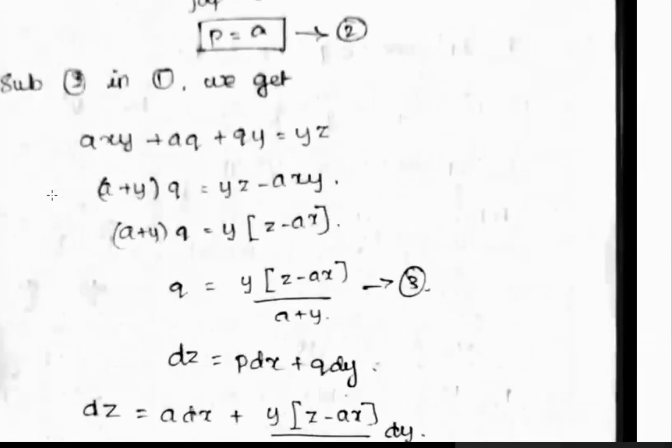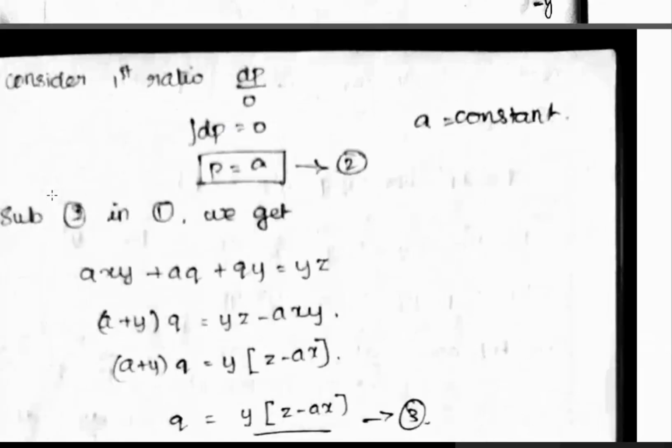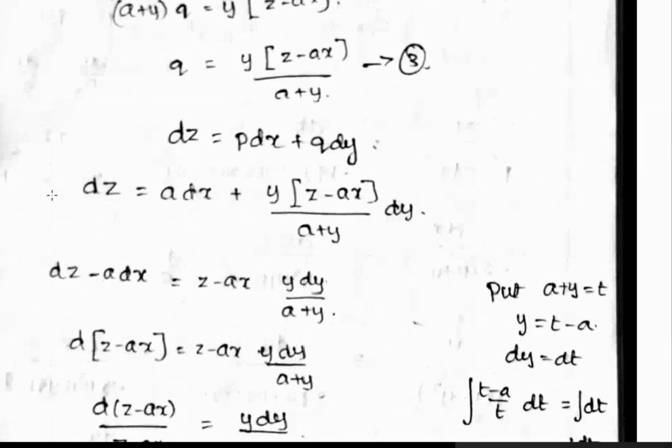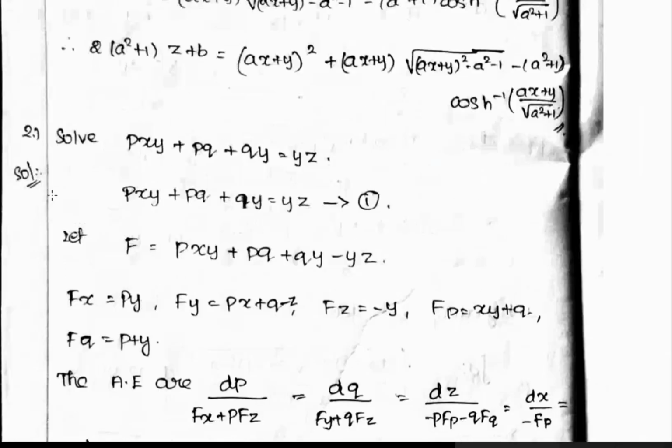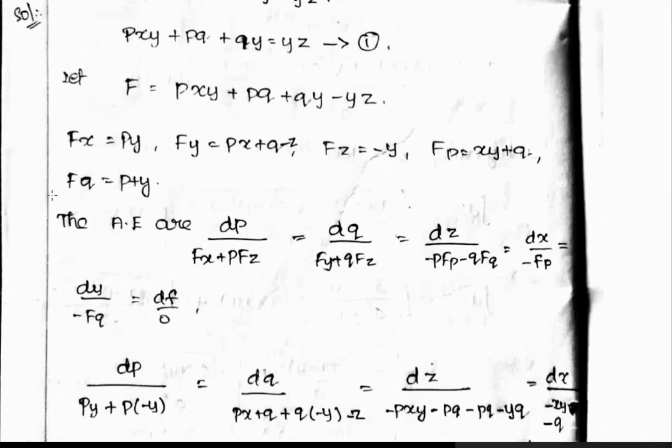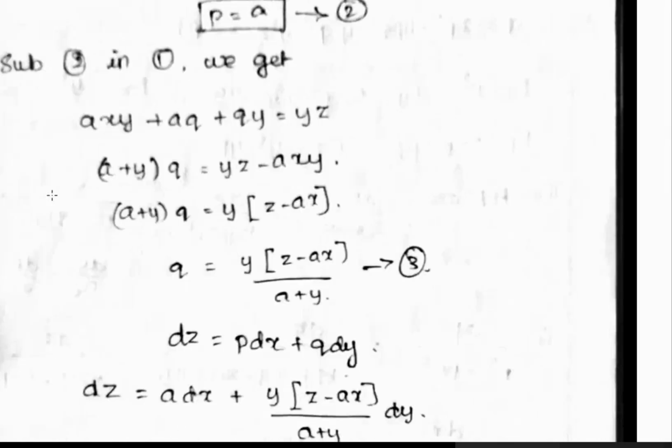Simply, dp by 0 means you equate to 0, and its integration value is a constant, p equal to a. So you have to substitute p equal to a in equation number 1. So equation number 1 is the given equation. So you substitute axy plus aq plus qy equals yz here.